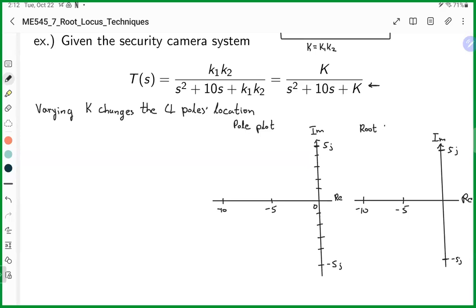They're going to be similar. Then I'm going to create a table with different k values. I'm going to have pole 1, and then pole 2.